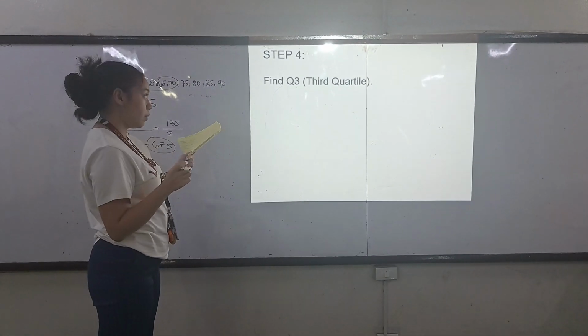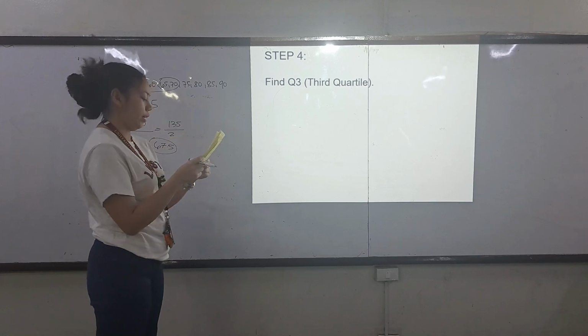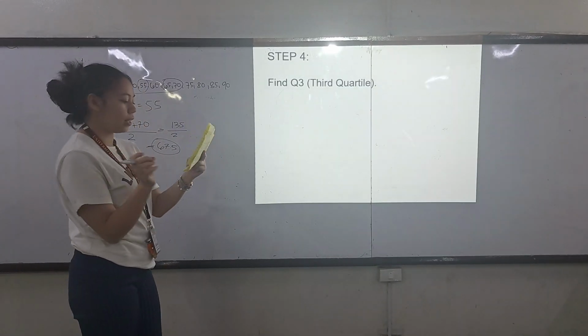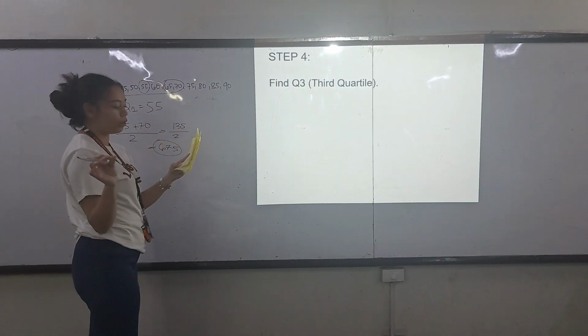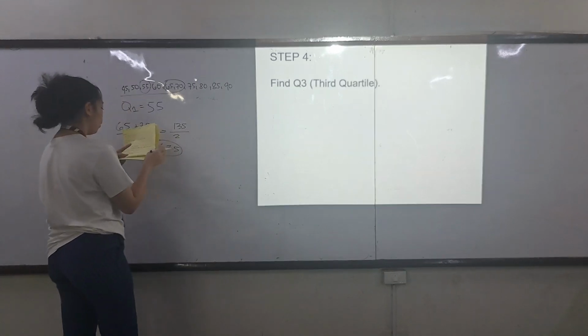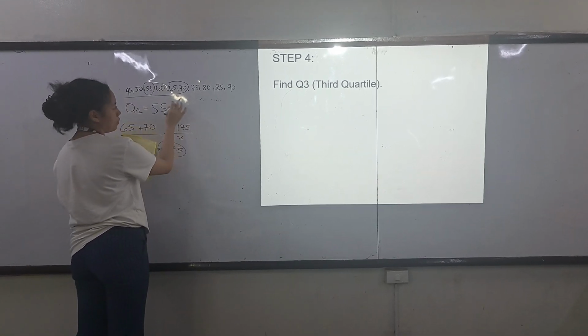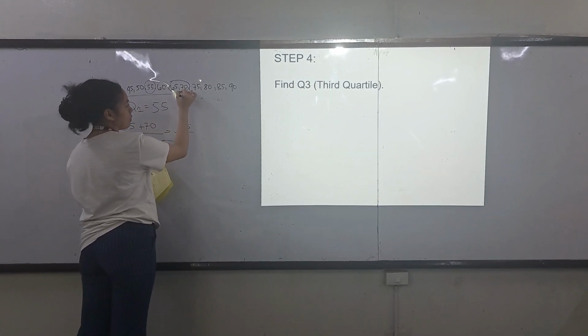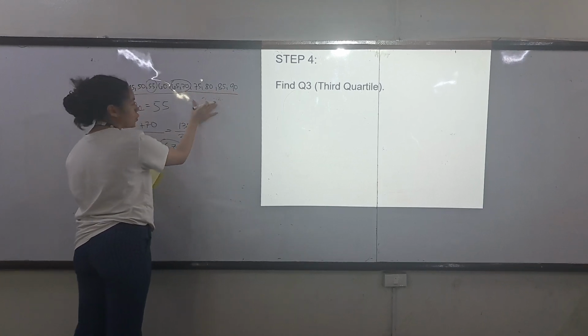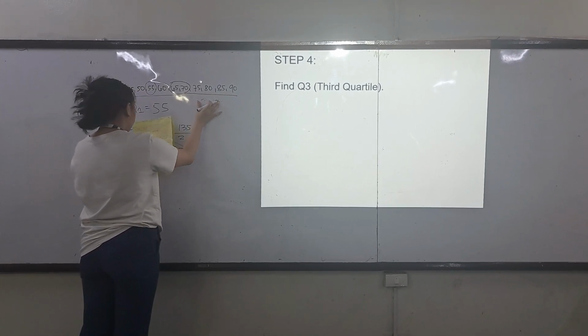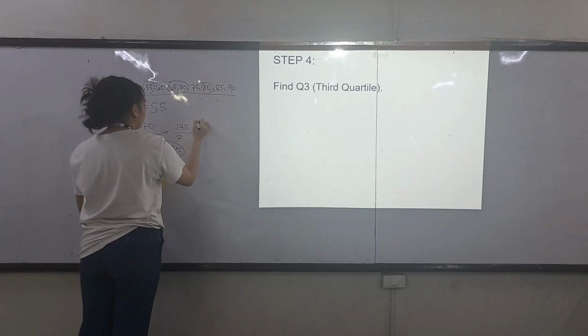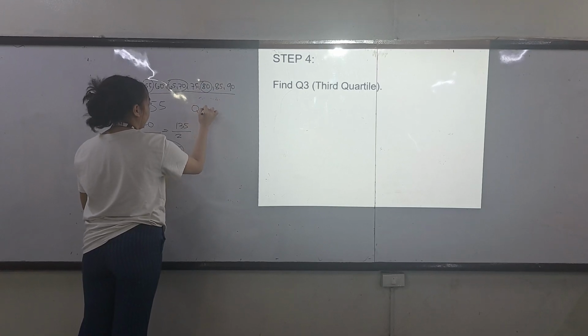The next step is to find the third quartile. The third quartile is the median of the upper half of the data. The upper half of the data is from 70 to 90. We just need to find the middle value, which is 80. So that would be our third quartile.